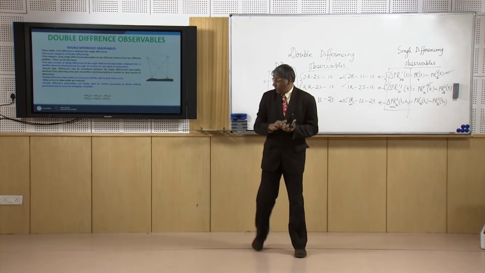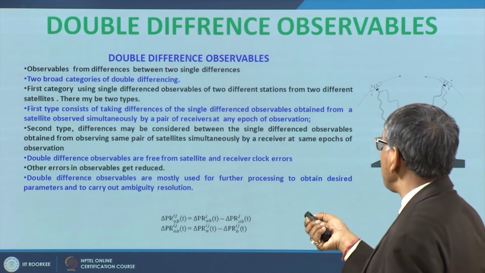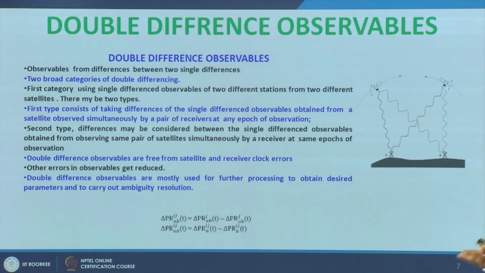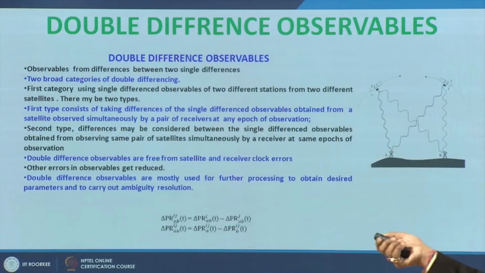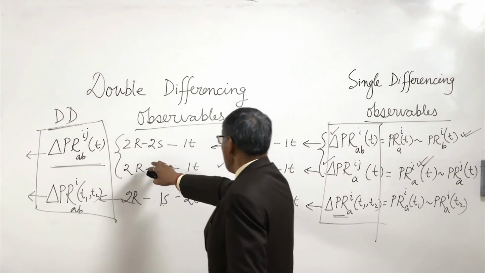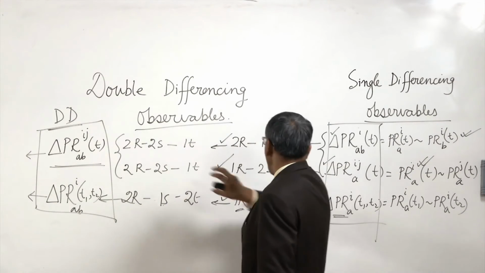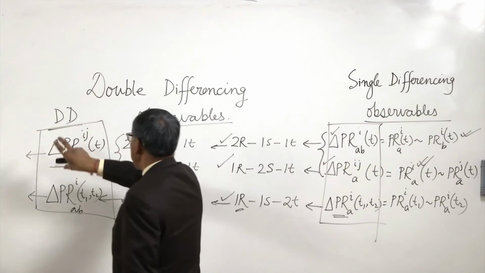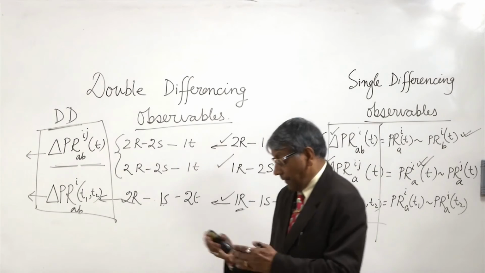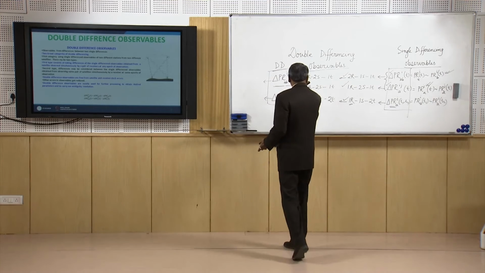So now if we see in this figure, observables from differences between two single differences, we will end up with the double difference observable, and two broad categories of double differencing. This is the way, because if we take the difference of this for two satellites or the difference of this for two receivers, you will end up with the same value, the same removal of errors. So it is this same type of observable.